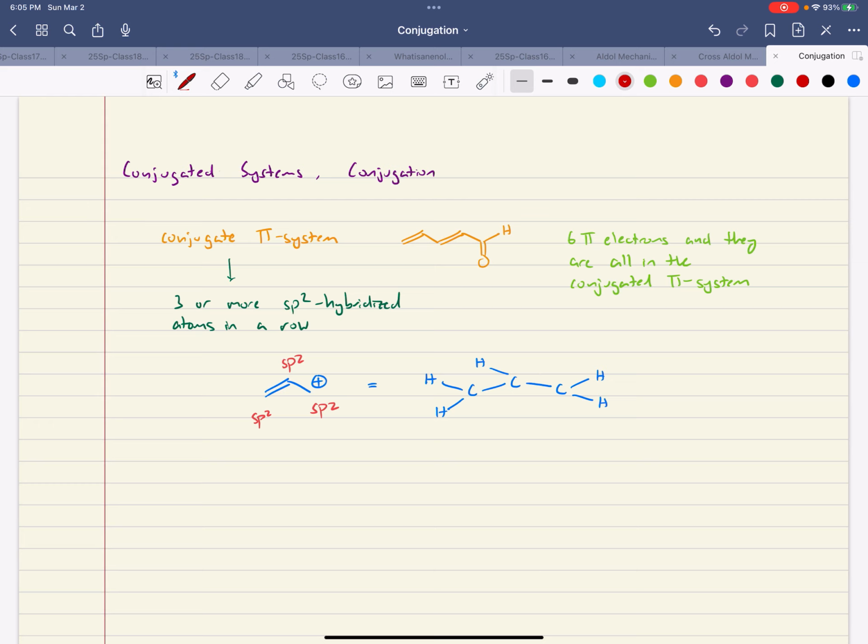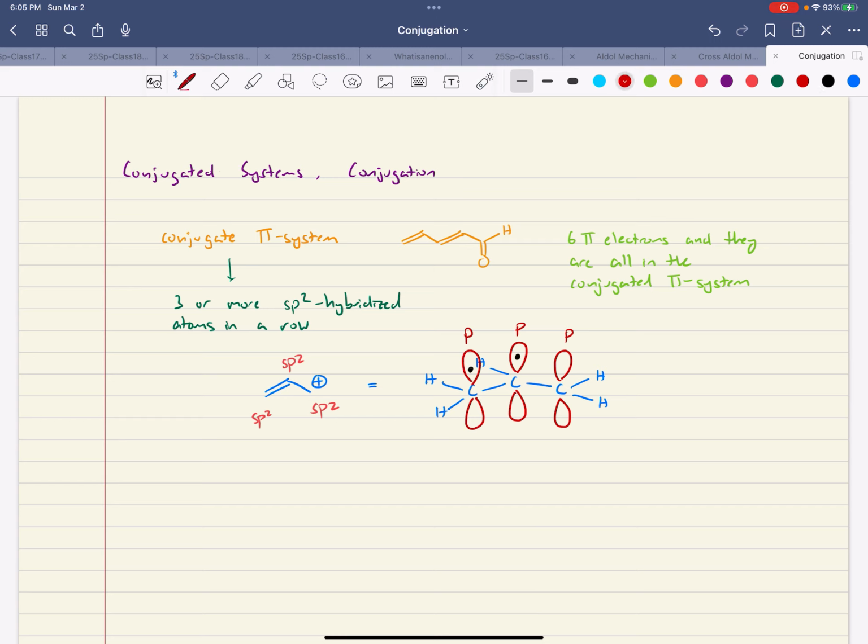And go ahead and jot this down. You have p orbitals, and I typically make them red, but you don't have to. They're perpendicular to the sigma bonds, and they are aligned with each other. P, P, and P. And look where the electrons are. Doesn't 2 electrons make a pi bond? So here's 1, and here's 2.